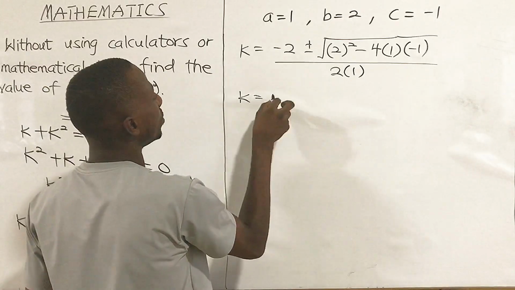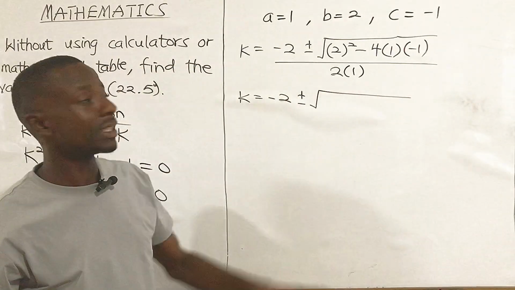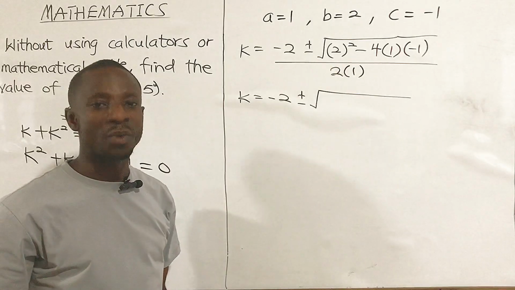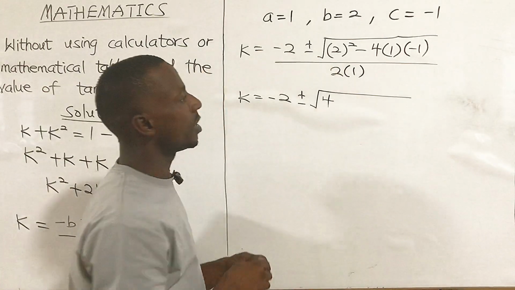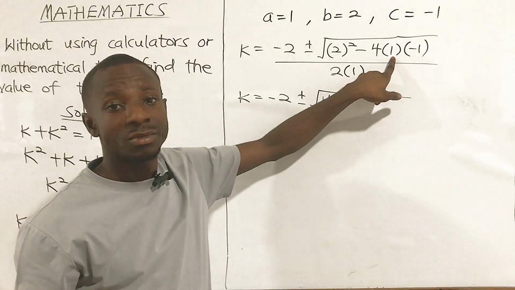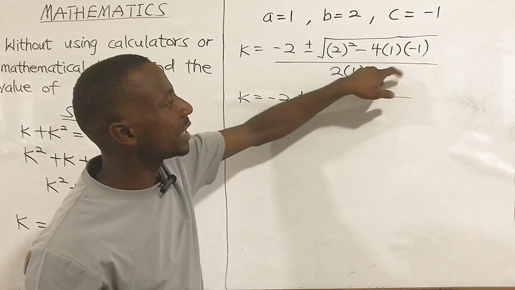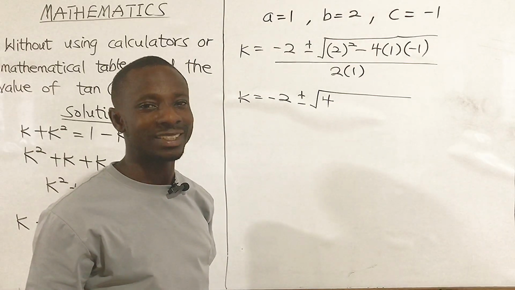So I have k to be negative 2 plus or minus 2 squared, we are going to get 4. Good. So over here we have negative 4 times 1. We have negative 4. The negative 4 times negative 1, what do you think we will get?